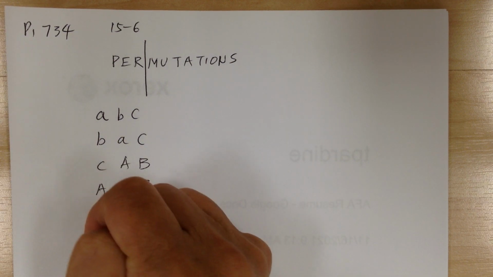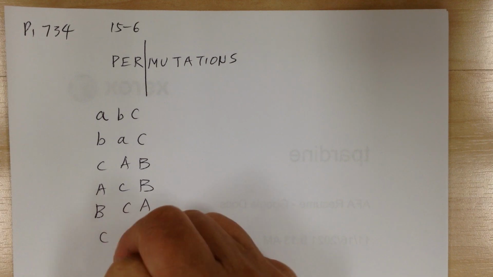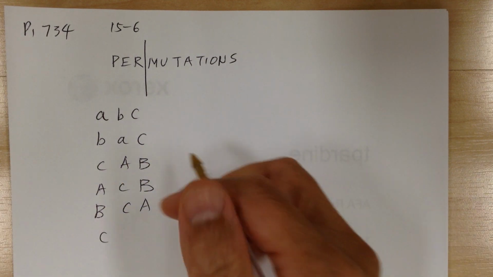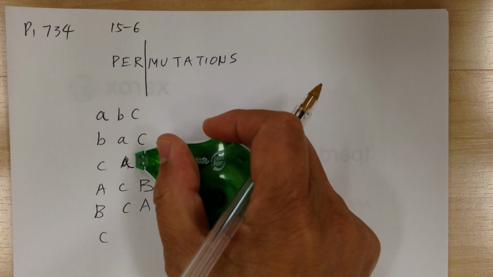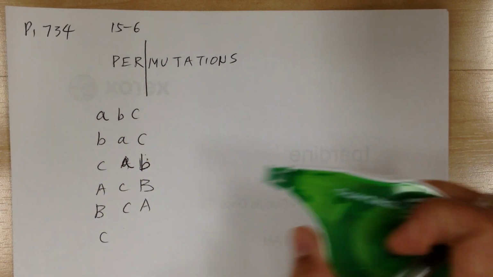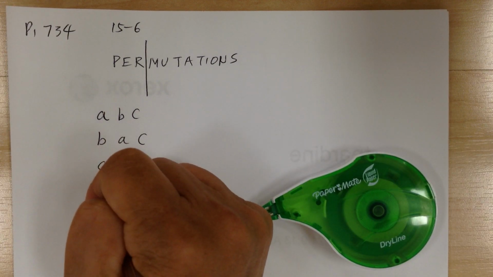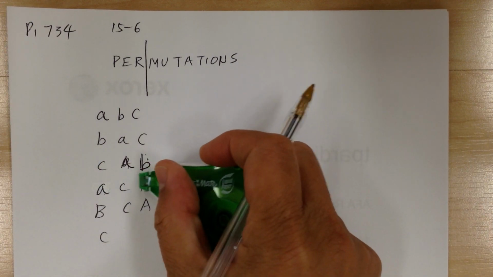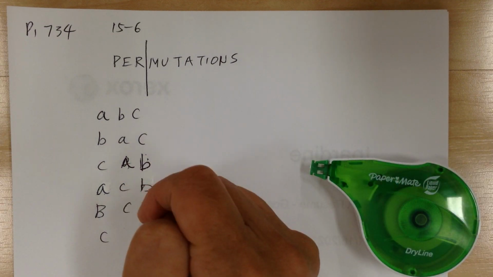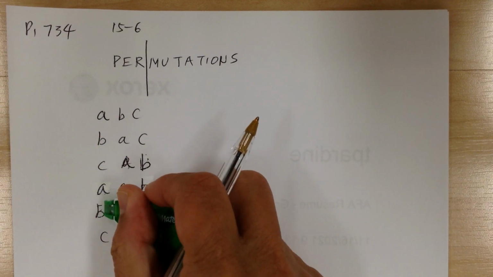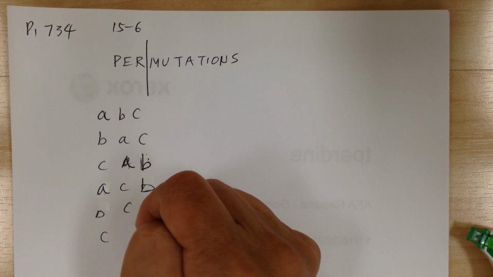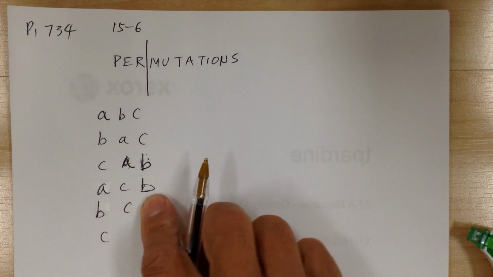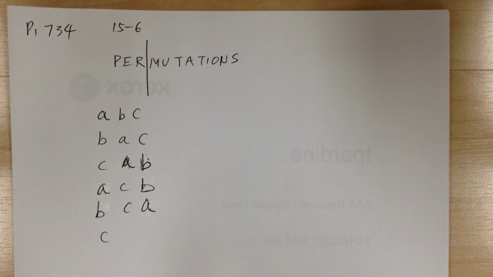And you can have a BCA. Be careful with your letters, because uppercase and lowercase are not the same, so they're considered different. And then you have a CBA. So there are 6 choices.